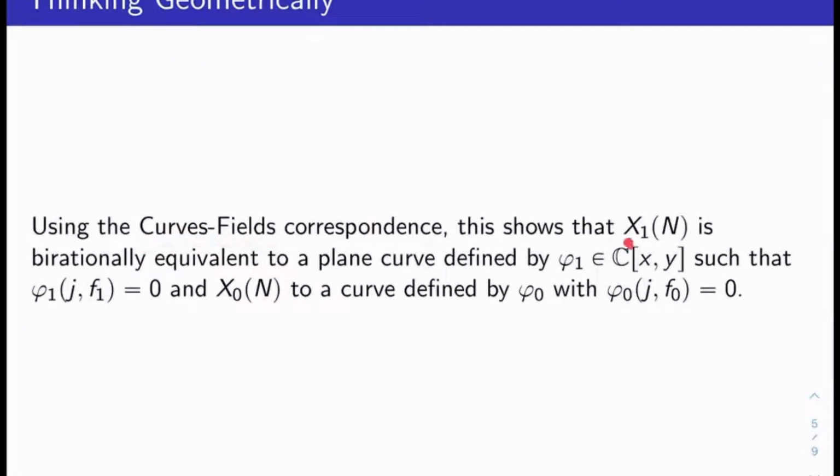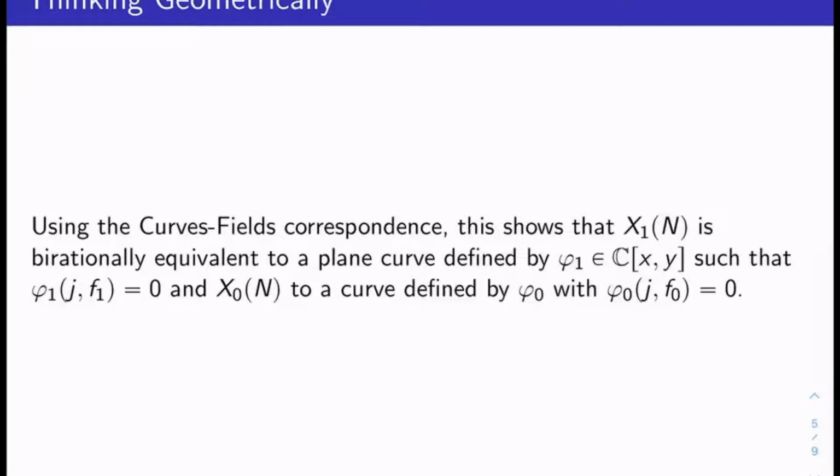This shows in particular, I'll just pick on x1 of n here, that x1 of n is birationally equivalent, in other words, it has a dense open subset that's isomorphic to a dense open subset of a plane curve defined by, let's say, phi sub 1. That'll be a polynomial in two variables over C, such that when I evaluate phi 1 at J and f1, I get 0. Birational equivalence in algebraic geometry is equivalent to the two curves having the same function field.